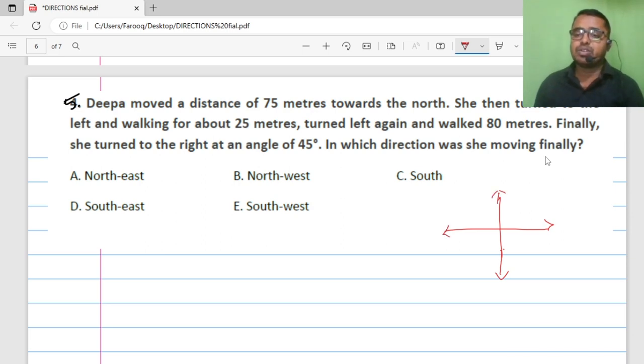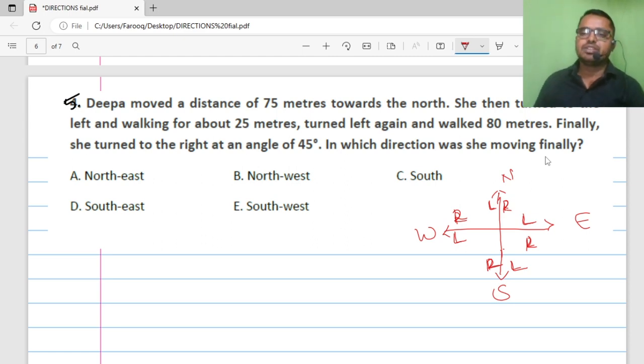North, south, east, west. Here left, right, left, right, left, right, left and right. Remember this one.